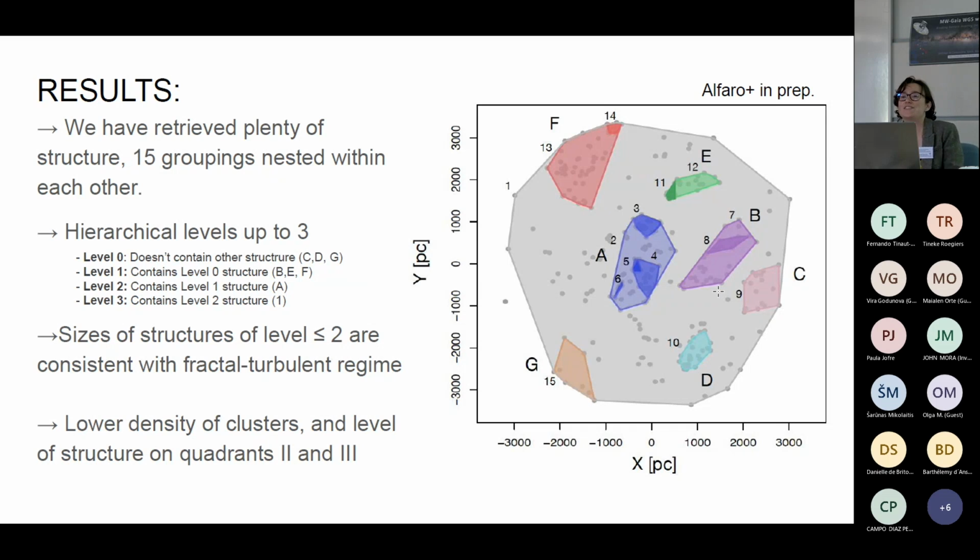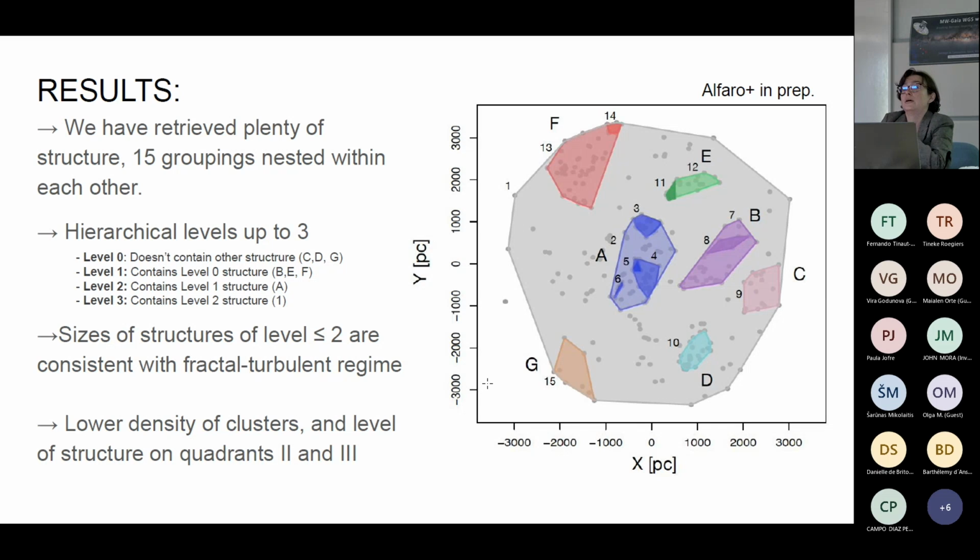These are the results. You can see we have 15 groupings, structures in total, clearly nested within each other. Now we separate them by hierarchical level recursively. Groupings of level 0 wouldn't contain any other clusters or groupings inside, like these 3 in quadrants 2 and 3 of the distribution.